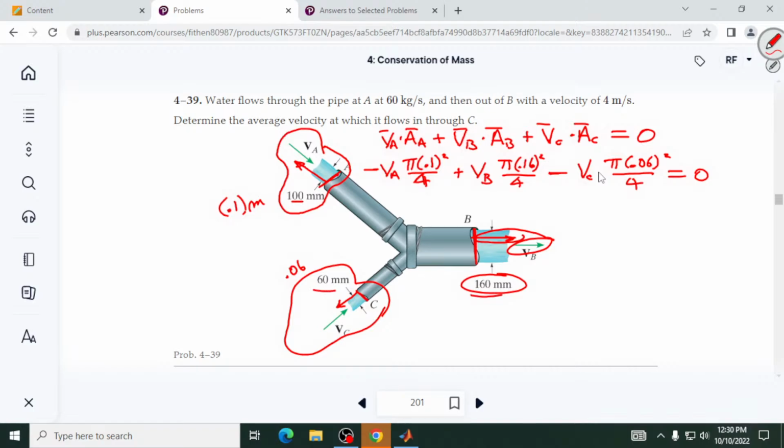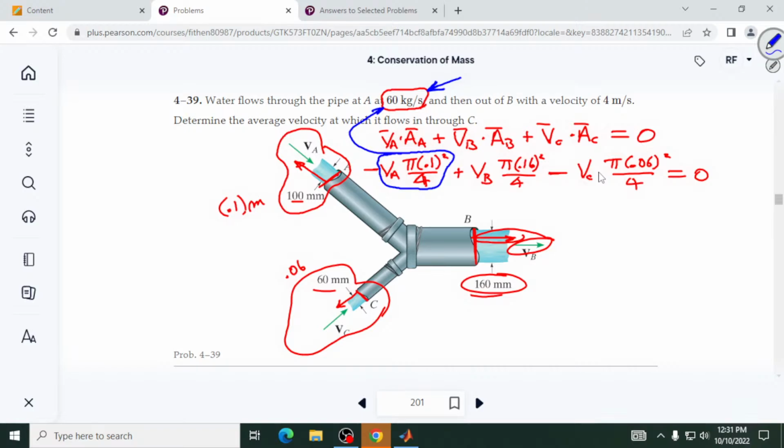Now the water flows through the pipe at A at 60 kilograms per second. So it turns out this whole number is 60, because, oh wait a minute, that is kilograms per second.